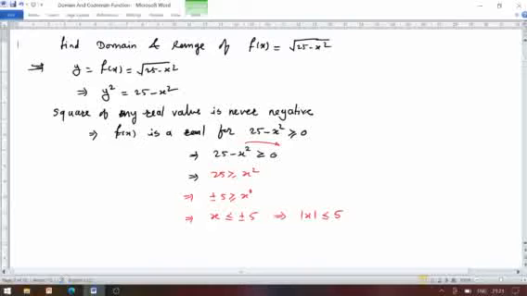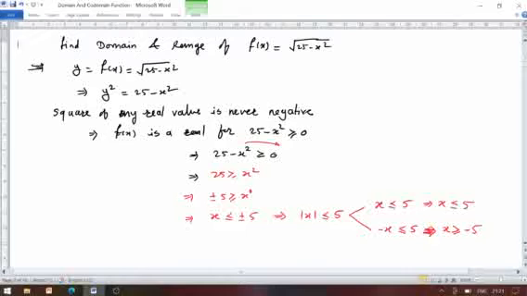That means x should be less equal 5, or minus x should be less equal 5. So x is less equal 5, or x should be greater equal minus 5.